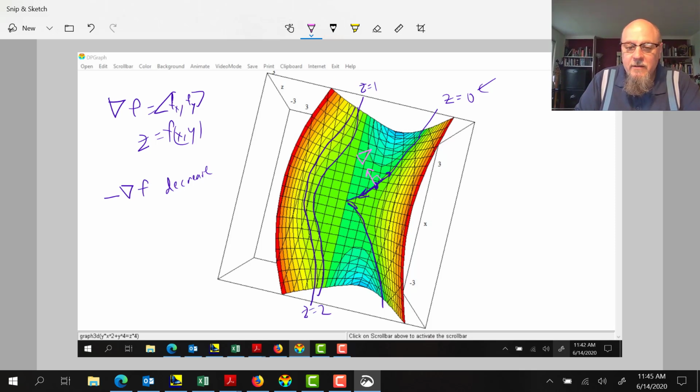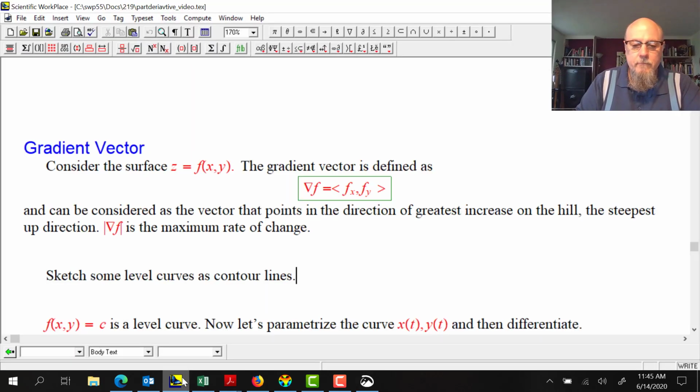So the gradient needs to be perpendicular to that level curve. Let's do some math that sort of shows that. But right now, in my picture, I'm trying to indicate that the gradient should be perpendicular to these level curves.